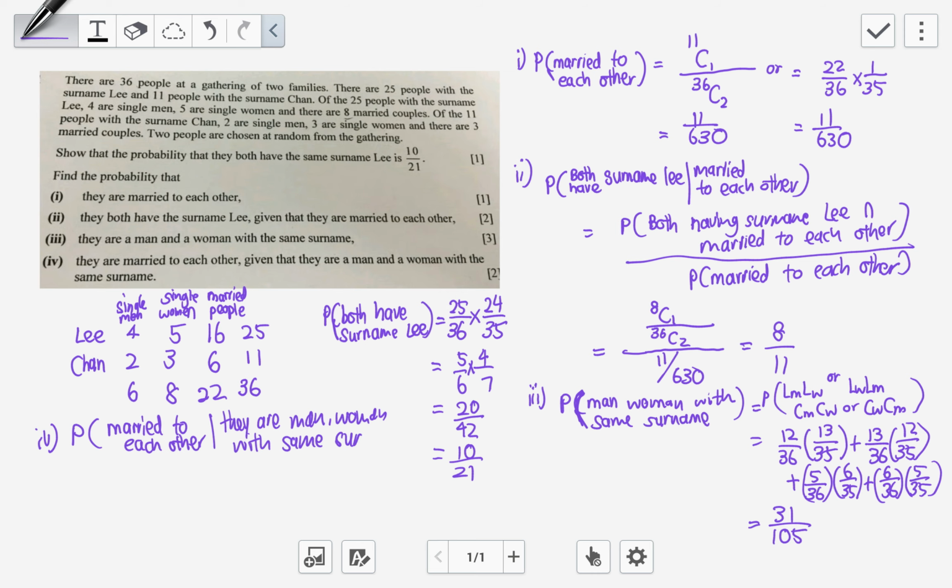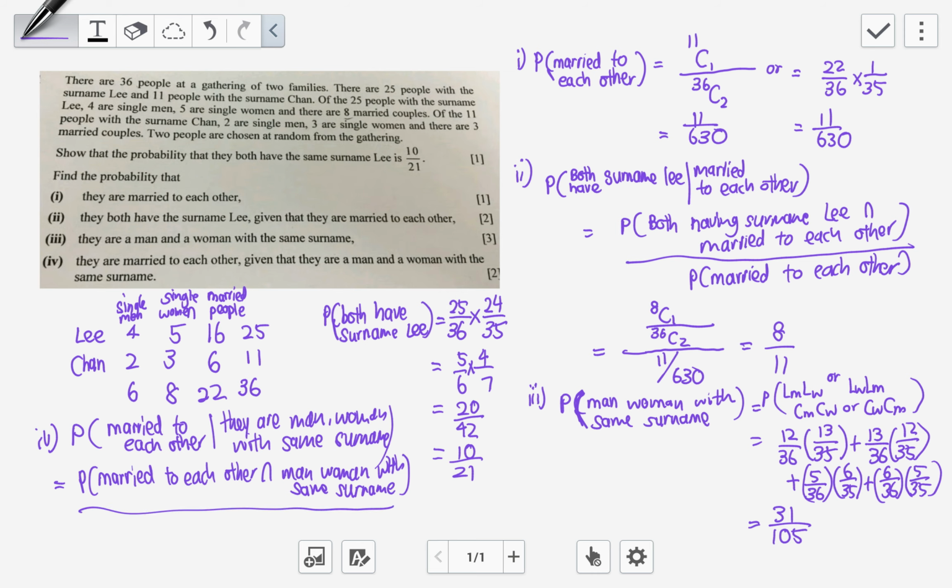We make use of the formula: the probability of married to each other and a man and woman with the same surname, over the probability that they are a man and woman with the same surname.